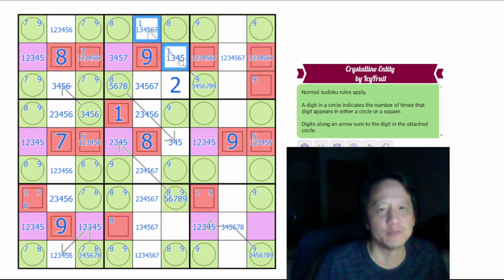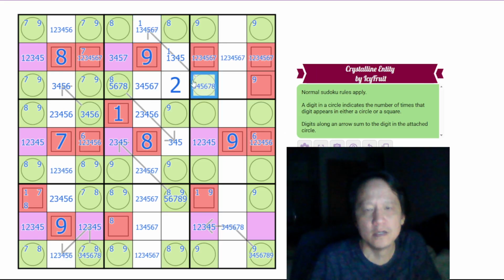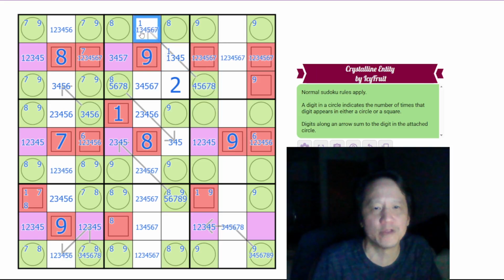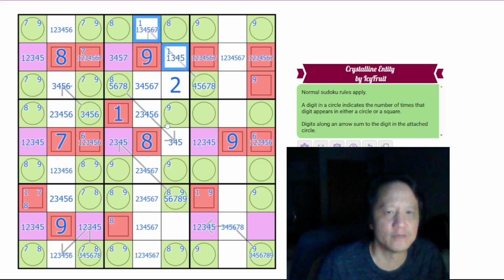So this cannot add up to 9. This cannot add up to 3 either. It could add to 1, 3 to add up to 4, 1, 4 to add up to 5, etc., all the way up to 8. That's interesting. One has to be one of those.